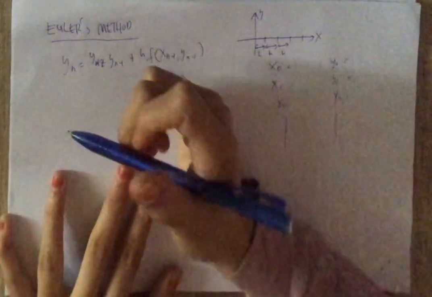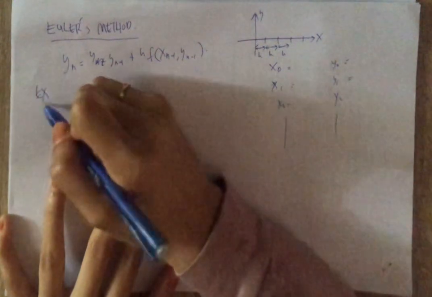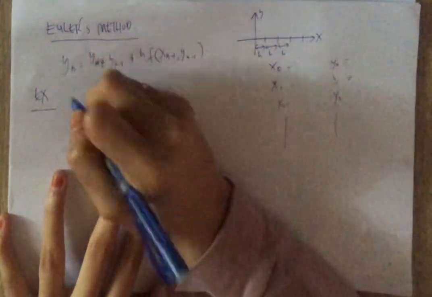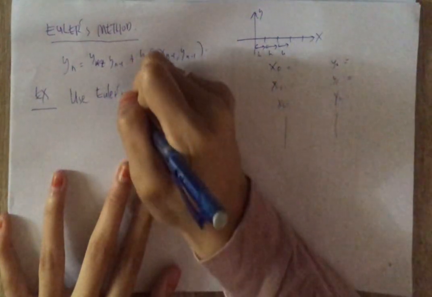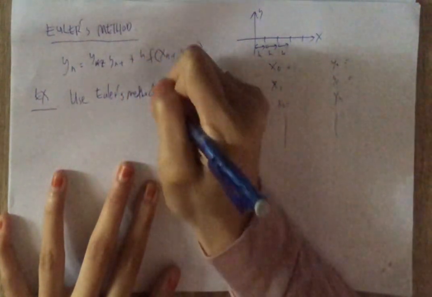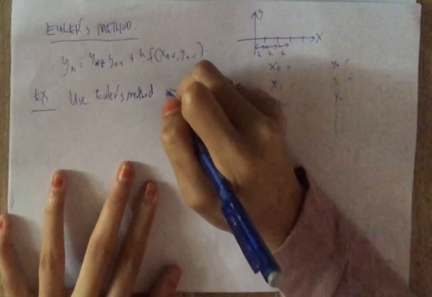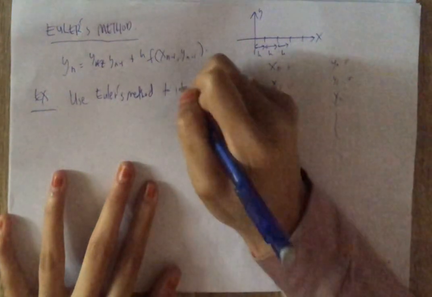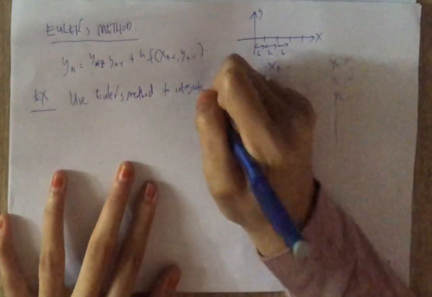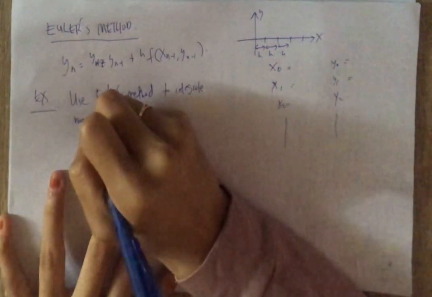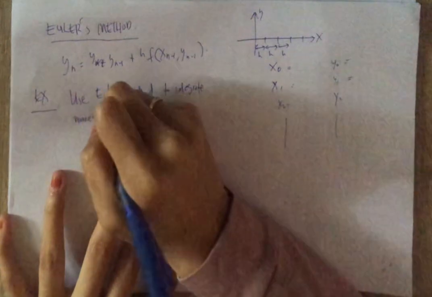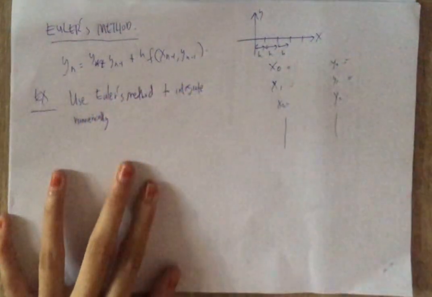So I just go to the example. The example asks you to use Euler's method to integrate numerically. Even though the word here is integrate, this is not integration in the usual sense, this is just the word.